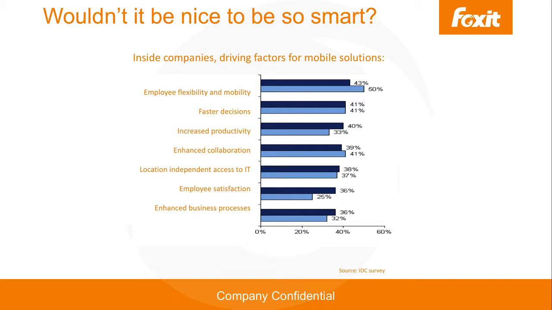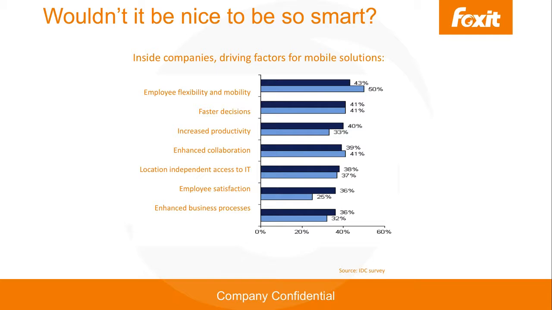Here are the top answers. Everybody expects to have more flexibility and more mobility in the workforce for the employees, which is on the one hand more flexibility in work, as it is expected today. It's also to present ourselves as a modern work environment based on mobile processes, based on mobile solutions, anywhere, anytime if you want, and therefore giving employees a good feeling about what we're doing and how we're doing it.